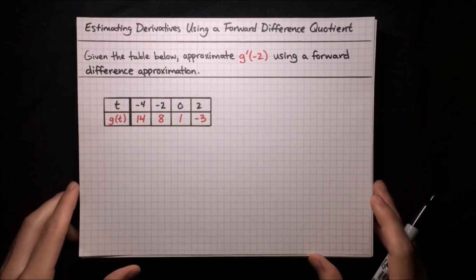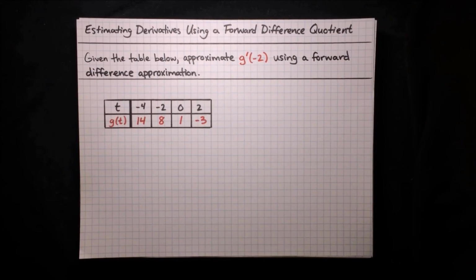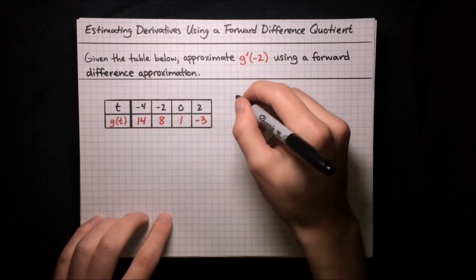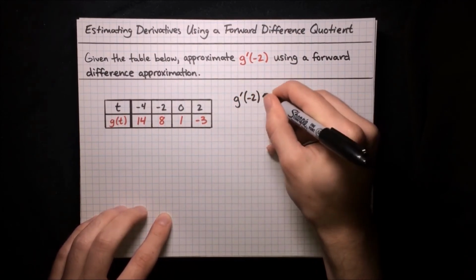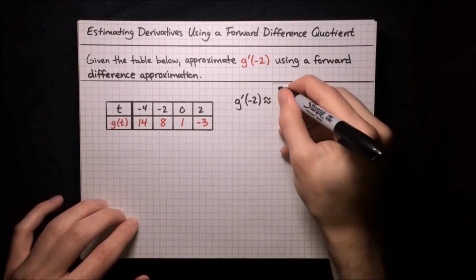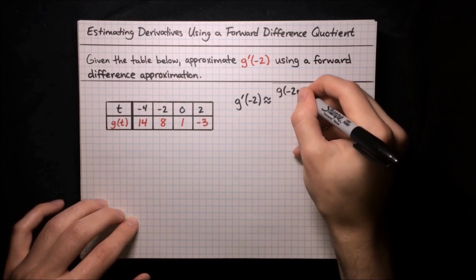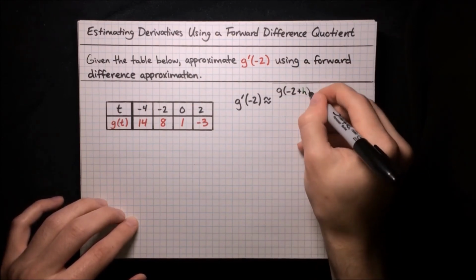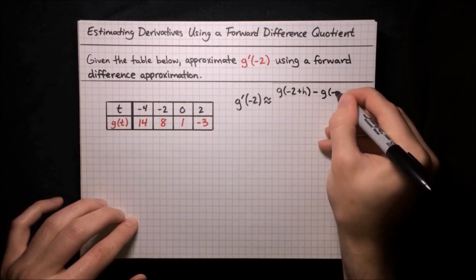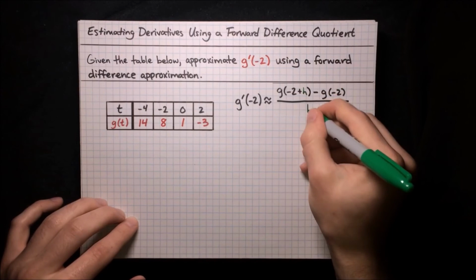Next, given the table below, we want to approximate g prime of negative 2 using a forward difference approximation. So let's start out by writing our formula. We have that g prime of negative 2 is approximately equal to g of negative 2 plus h minus g of negative 2 and then all over h.